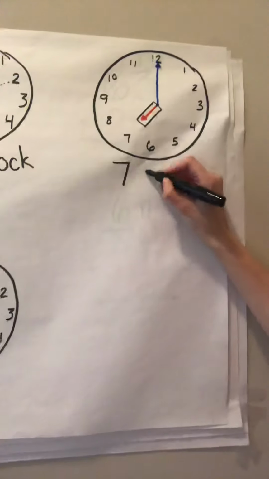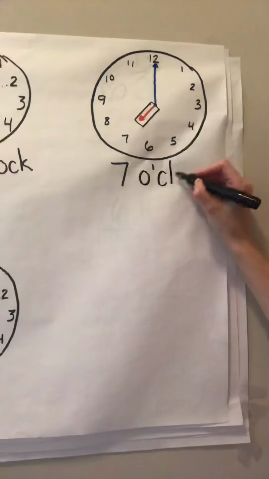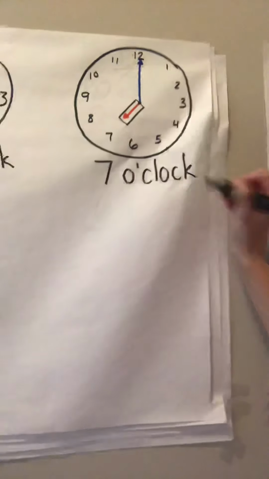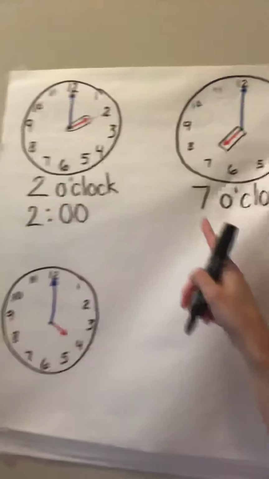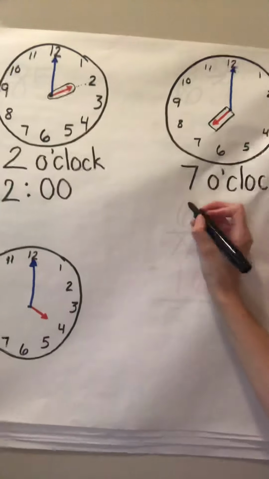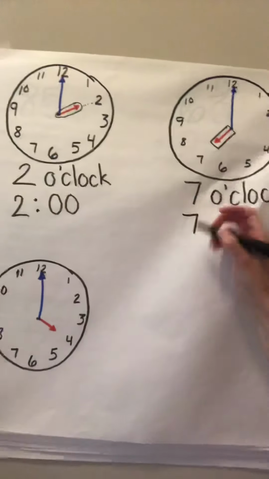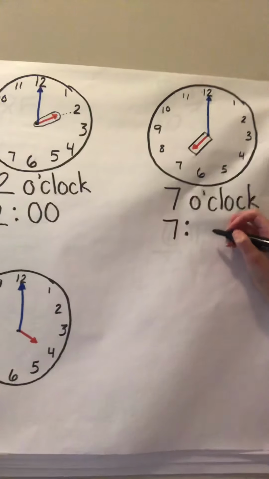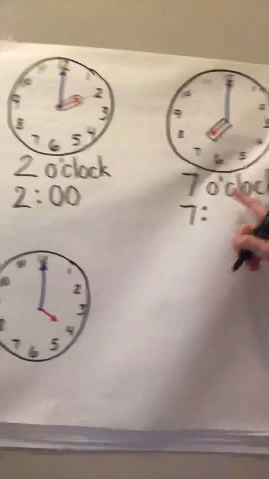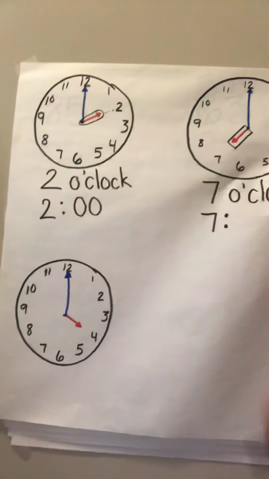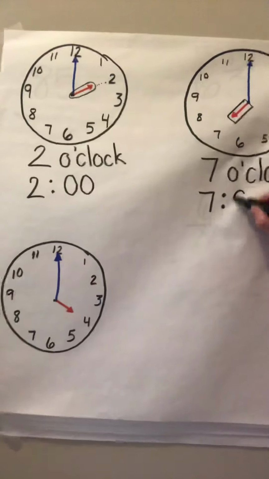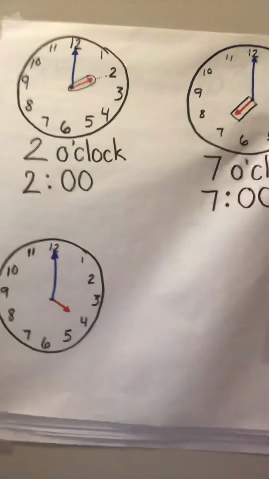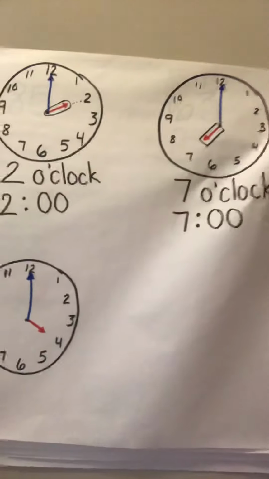So it's 7 o'clock. Or we can write it the digital way, and I have my hour is 7. And I can't forget to separate my hour and my minutes with my 2 dots. And then what do we put for the o'clock for the minutes? It's 00 because we're just starting. It didn't go around the clock yet.